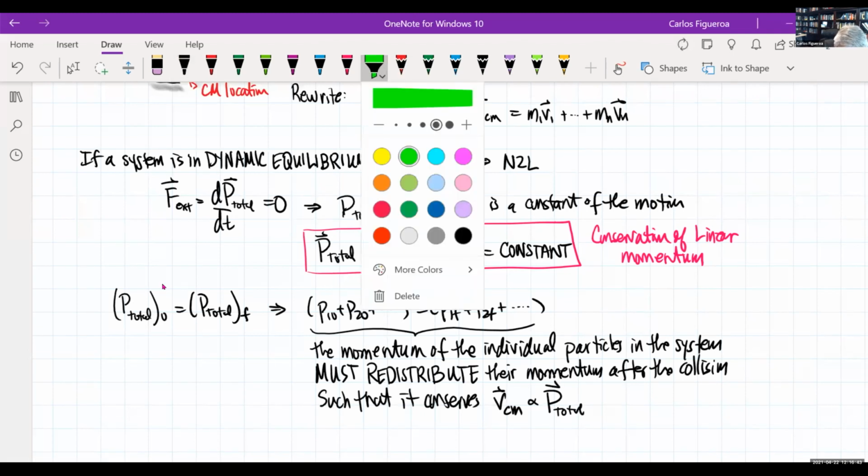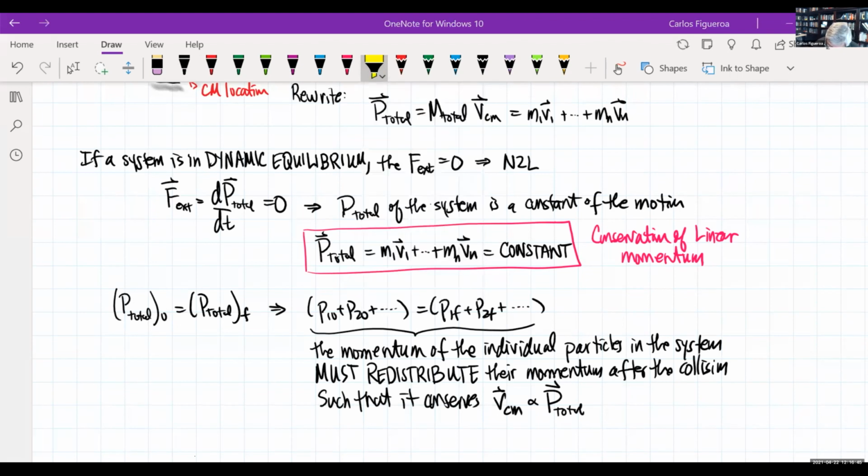Right? Look at that. The system must redistribute their momentums. Right? This is the key phrase here.